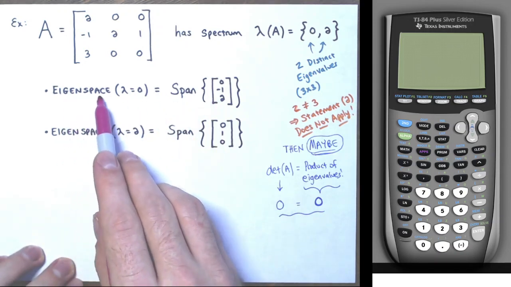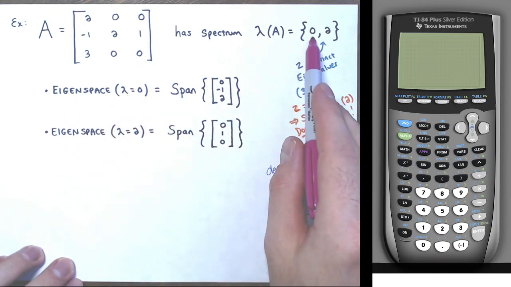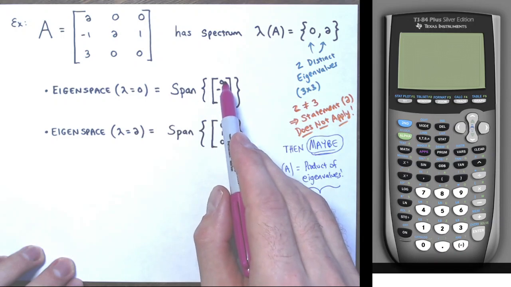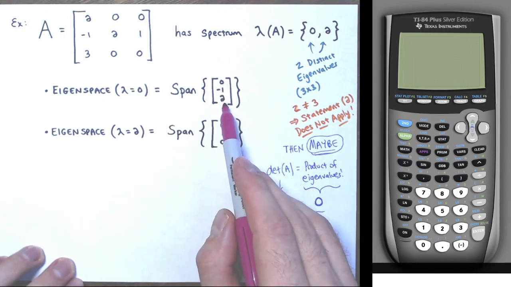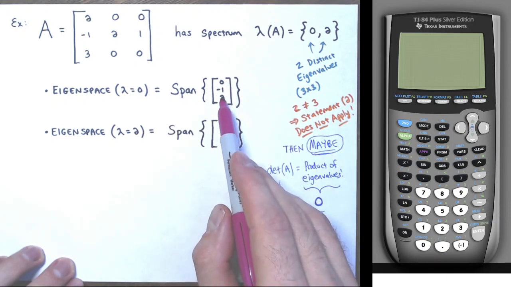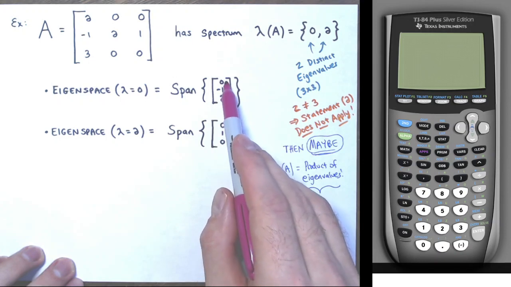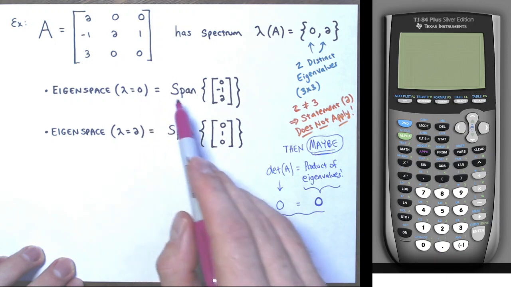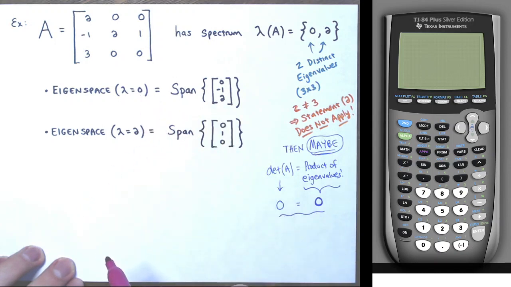The eigenspace for the eigenvalue of 0 is the span of the set with the vector 0, negative 1, 2. So every multiple of 0, negative 1, 2 is an eigenvector of lambda equals 0, except for the 0 vector itself. The 0 vector itself is not an eigenvector, but it does belong to the eigenspace. Don't forget that.